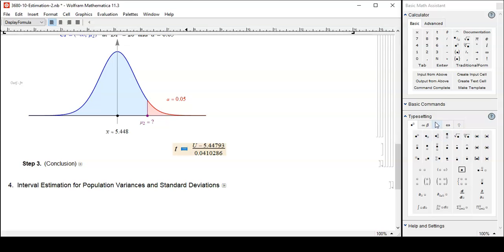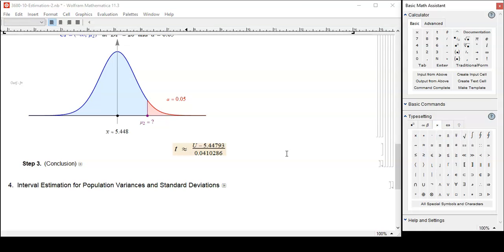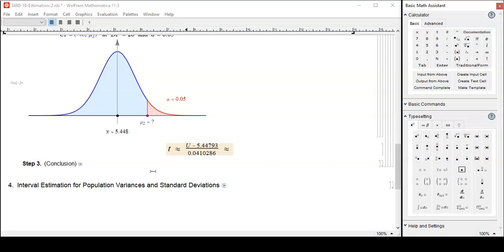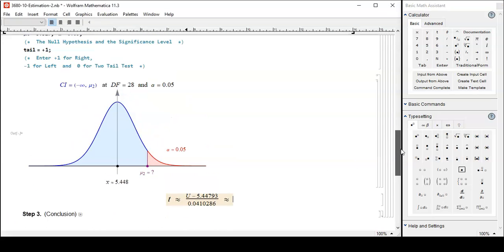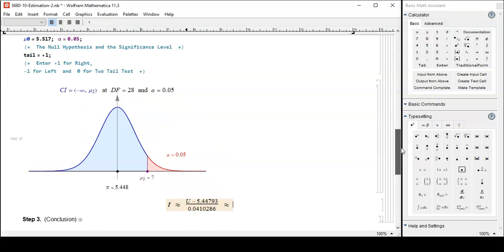Nothing is accurate in statistics, so let's use the approximately-equal sign as soon as we put in numbers. And this has to be the t-score associated to 95%. Let's look up the t-table: 95% to the left and 5% to the right, and the degree of freedom is, in this case, 28.